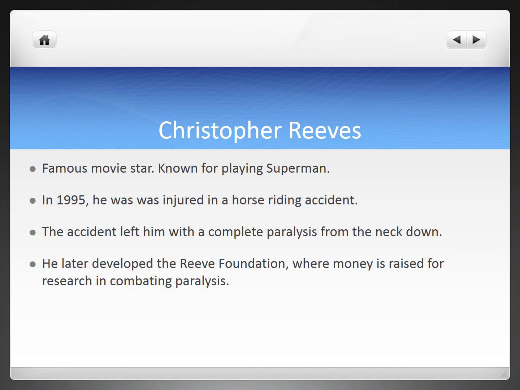He hit his neck and became injured, and it became a complete quadriplegic injury that resulted in total paralysis from the neck down. As a result, Christopher Reeve later developed the Reeve Foundation, where money is raised and research is done to combat paralysis.